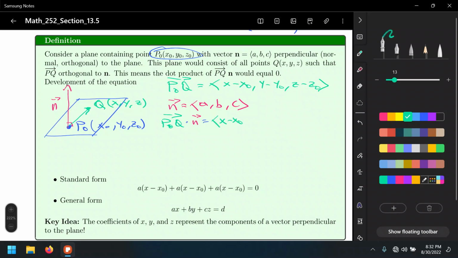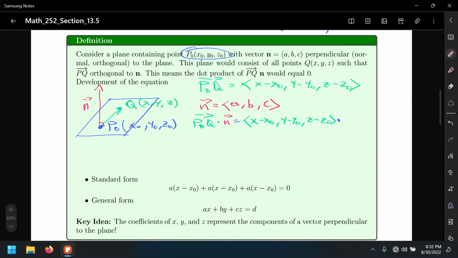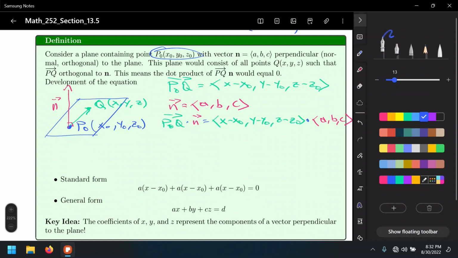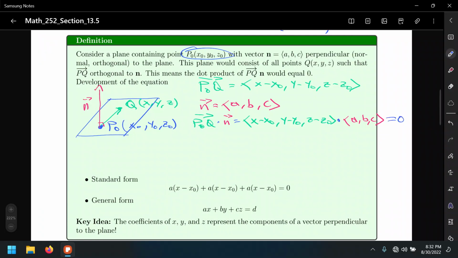X minus x initial, y minus y initial, z minus z initial, and we're dotting this with the normal vector, the vector that is normal to the plane, a, b, and c. Okay? So, because we know that these two vectors have a 90-degree angle in between them, when we multiply these two vectors, again, what are we supposed to get? 0. Okay, so this is equal to 0. All right?